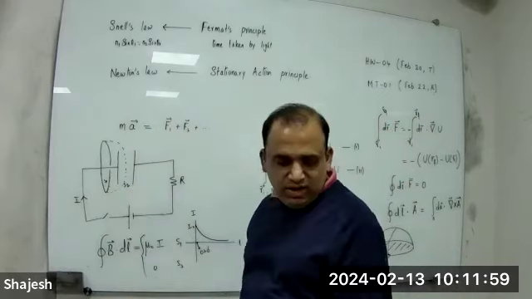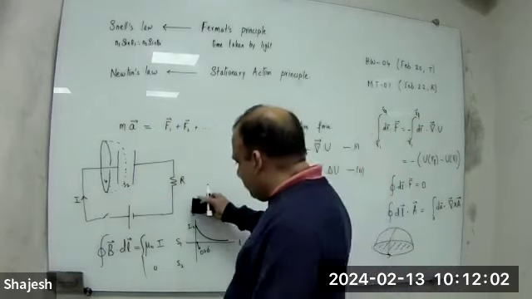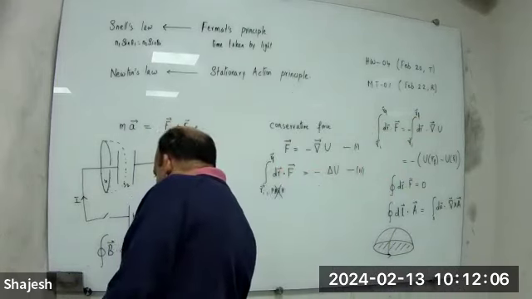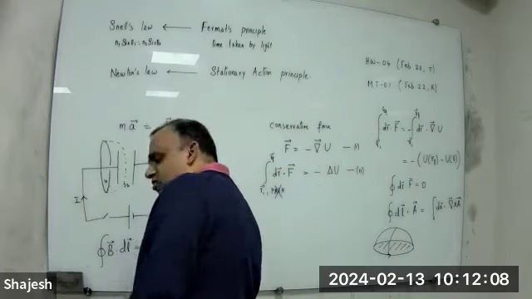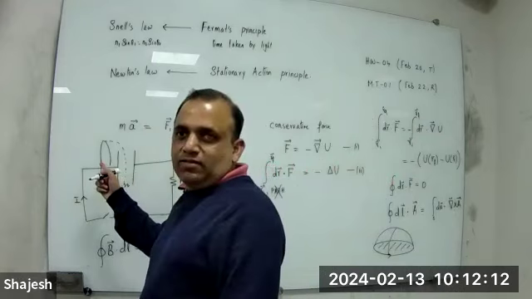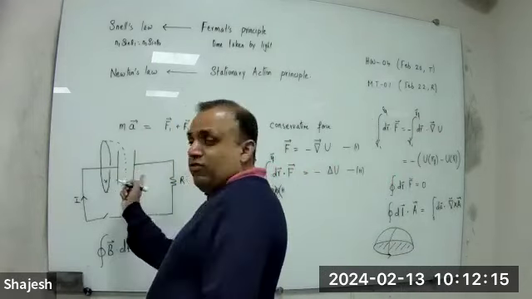So he changed Ampere's law. To fix this, he said it is not just mu naught times I. It should also have a contribution from what is inside the capacitor, where the electric field is changing.